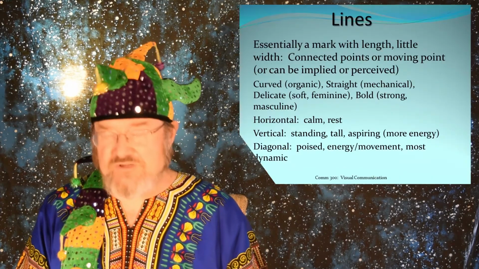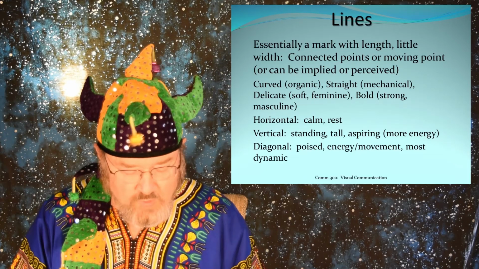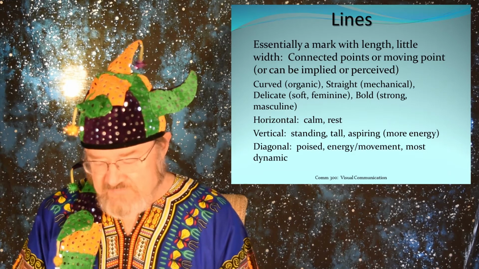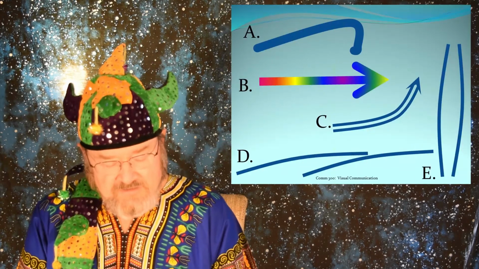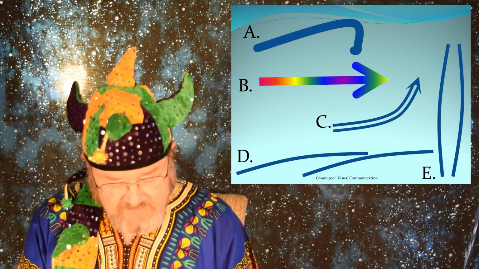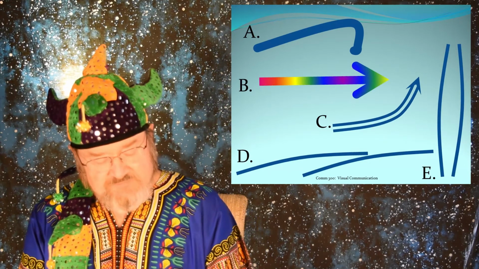Essentially a mark with some length, not very much width, and connecting points or moving points, or sometimes implied or perceived points. And so if you look, you can see organic and curved kinds of lines. You can see straight, delicate, feminine, bold.